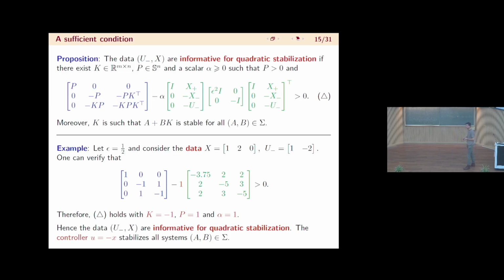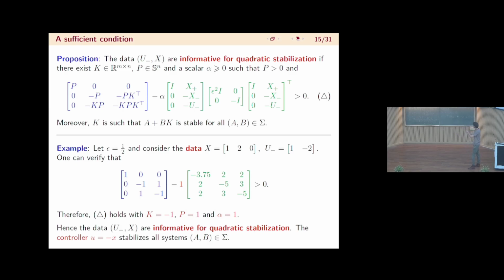How do you solve this for a general system? Yeah, very good question. This inequality is not so easy to solve, and the reason is that you have these products of P and K, so this is a nonlinear matrix inequality.